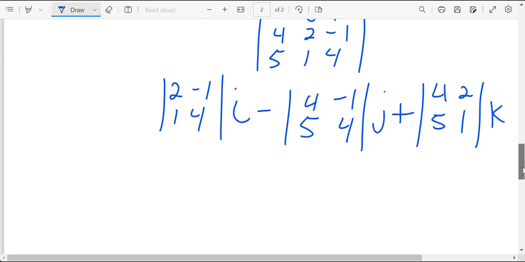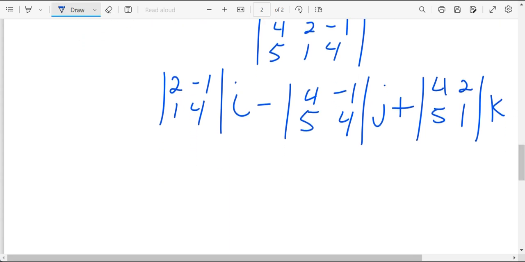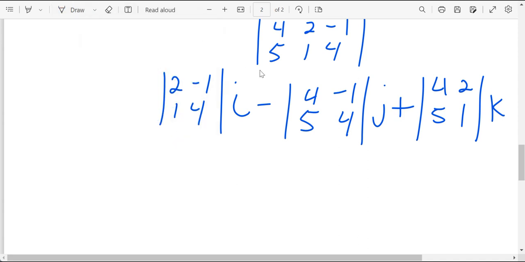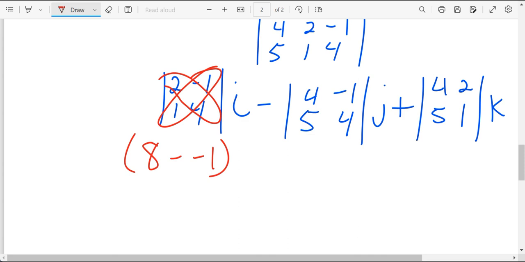Now what we are going to do is I'm going to use a different color just to emphasize this. Let's pick a fun one. Let's go red. So we are going to do this minus this. So 8 minus negative 1 will be your i. Minus, same story. We're going to get 16 minus negative 5, j.